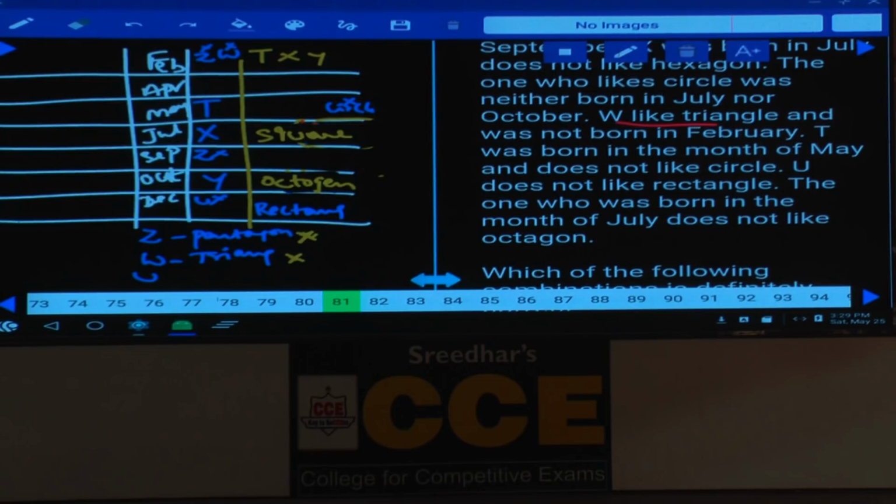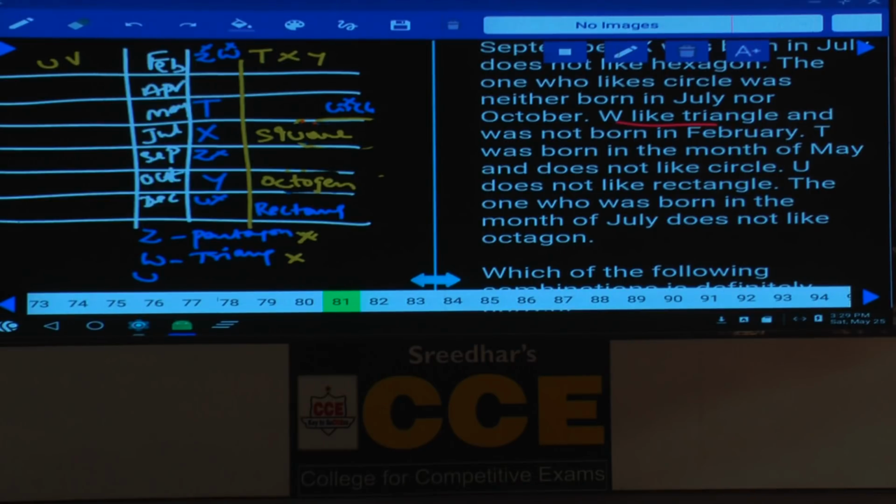As five persons, Z, W, T, X, Y were ruled out, we are left with U and one other person. T, U, V, W, X, Y, Z. The possibility can be either U or V. So we have two possibilities for this one, U or V.